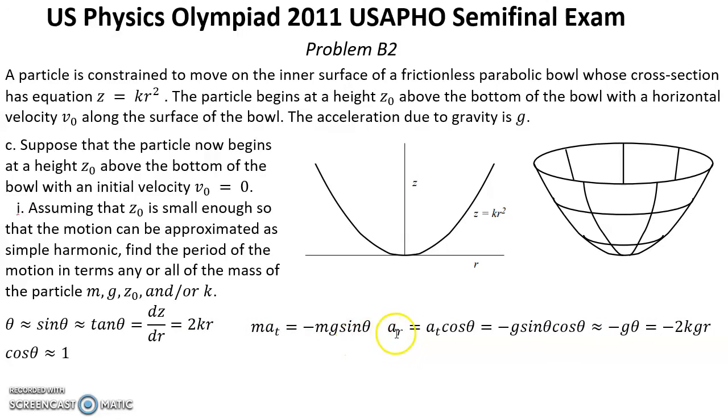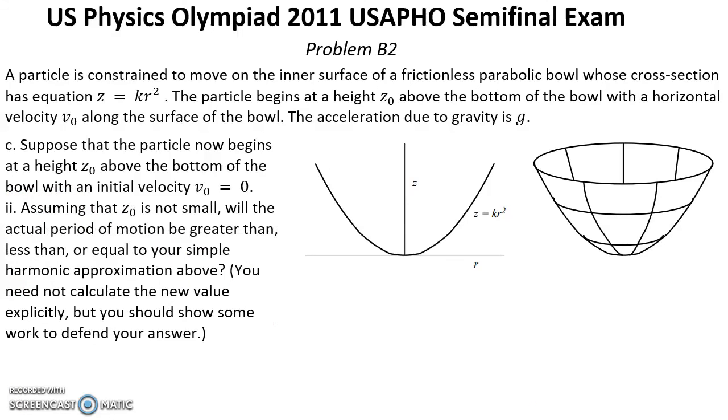So we have the equation ar equal negative 2kgr, which corresponds to oscillation with omega equal square root of 2kg. And from here we can find the period. Period will be 2 pi over square root of 2kg. So that's the answer for part C, question 1.